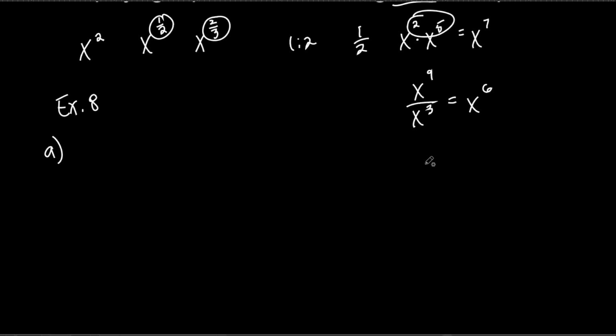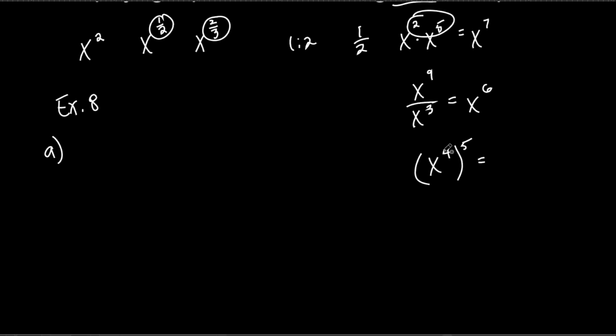Let's see, what else could we do here? Oh, let's do this. What if I had x to the 4th to the 5th power? What's that going to be? Is it a trick question? It's not a trick question. X to the 20th, because there's a rule. It's called the power rule. Look back on one of the videos, we talked about it.